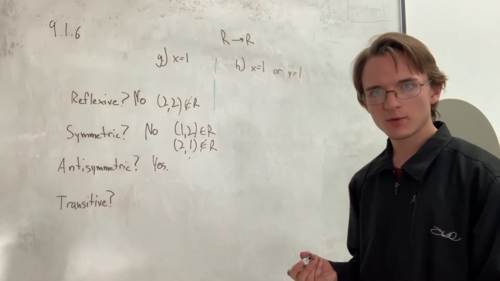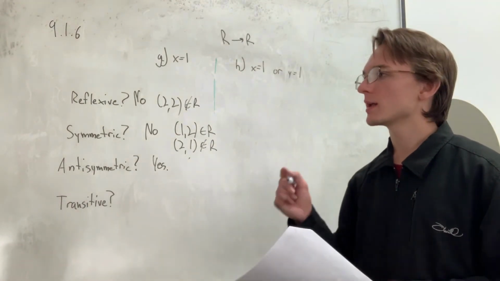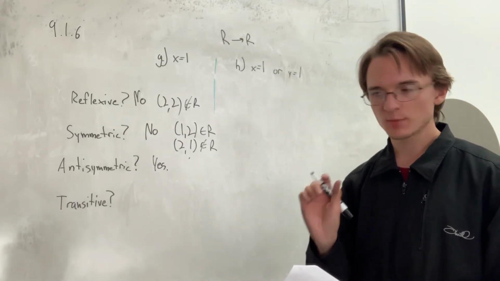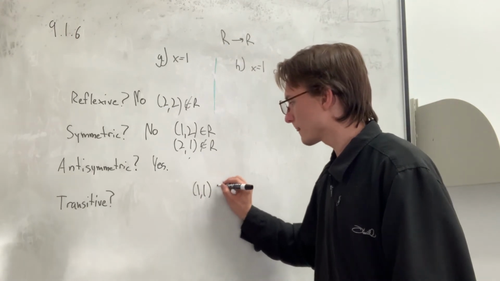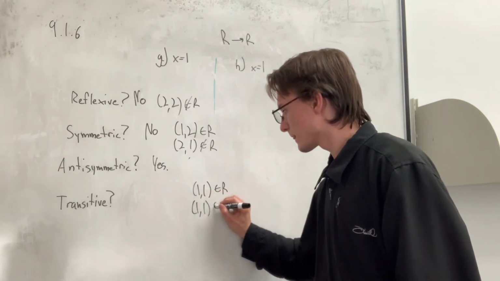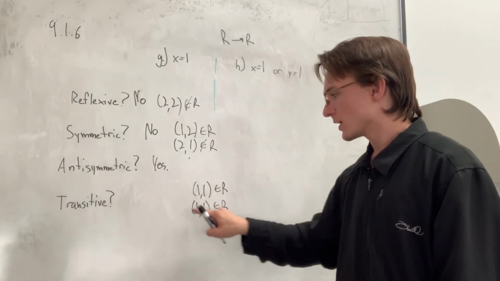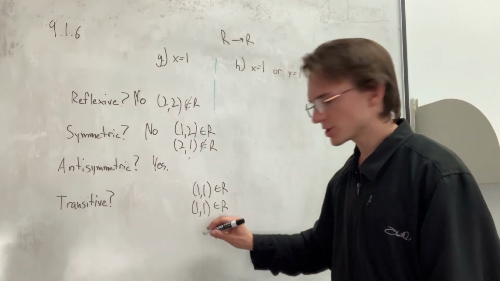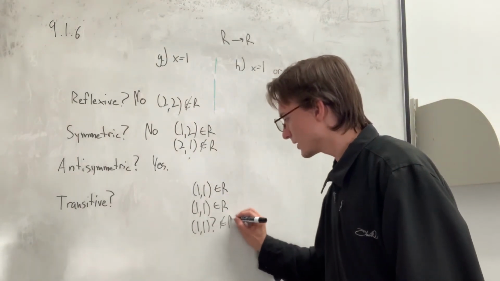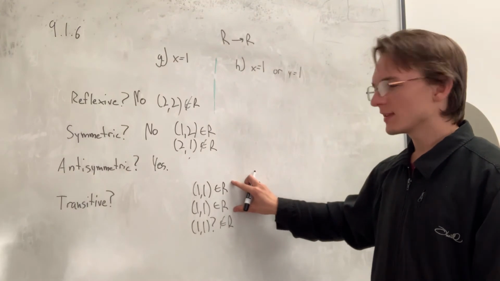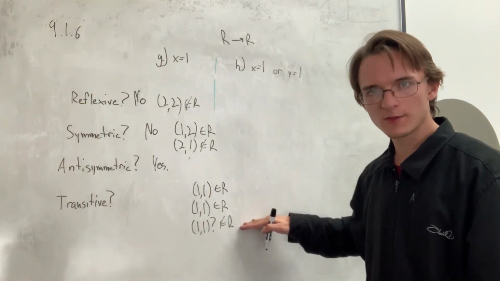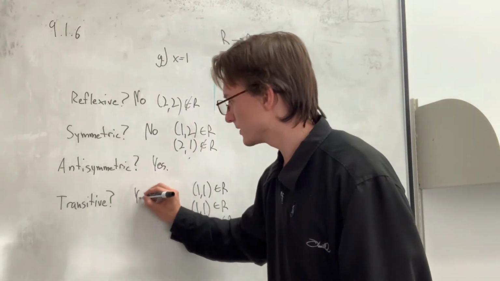Well, the only time when some pair as well as its reverse pair are both in the relationship is when (1, 1) is considered. Does (1, 1) exist as a pair in our relationship? Yes as well. So this is the only time when the if of our transitivity is satisfied, and we even need to check for the then. So yes, it is transitive.